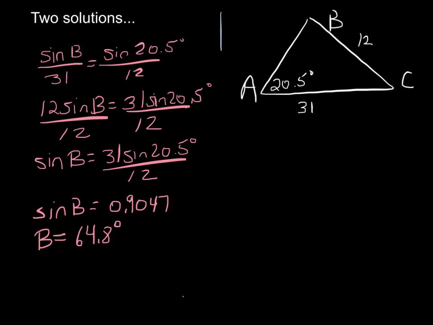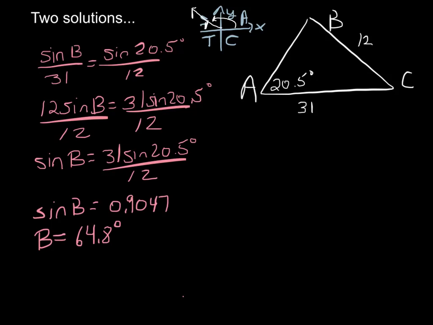Now you remember that sine is positive in the first and second quadrants. So what that means is that there's another angle in the second quadrant that has a sine of 0.9047. And its reference angle would be 64.8 degrees. So in order to find that angle, we would subtract 64.8 from 180.